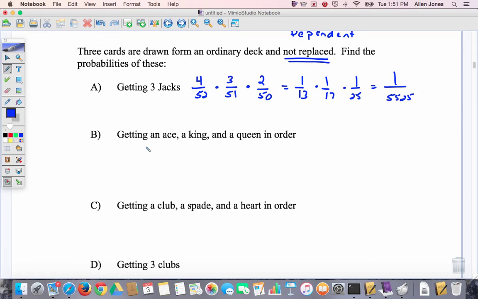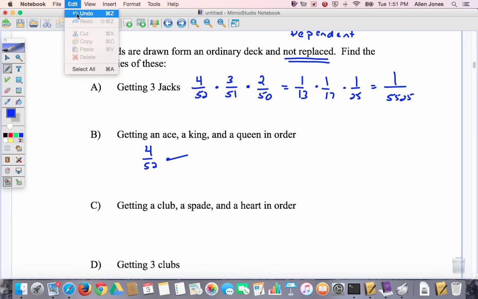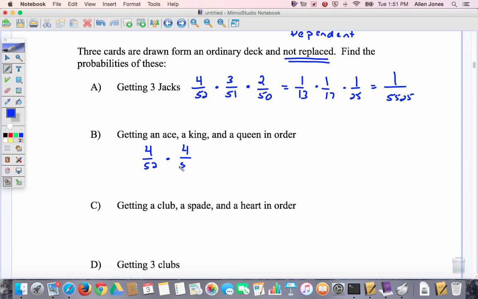Okay, starting over, letter B, getting an ace, a king, and a queen in order. The probability of an ace is 4 out of 52. We pull out an ace, so move on to the next event. The next event is a king. Well, there are 4 kings in a deck of cards, but we pulled out one of those aces, so there are only 51 total cards left. And then our third card being a queen, there are 4 queens in a deck of cards, but we pulled out an ace and a king. There are only 50 total cards left.